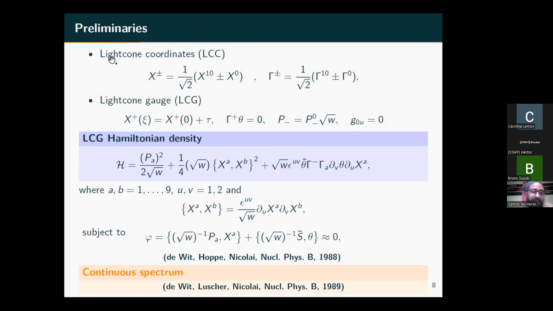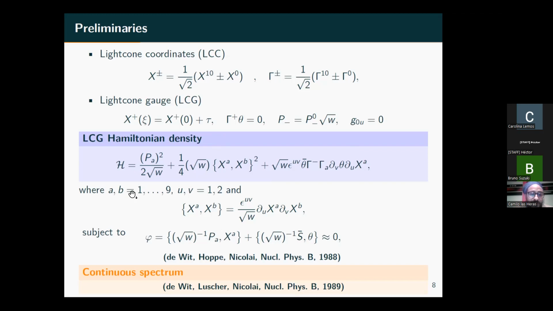So if I impose light cone coordinates and the light cone gauge on the previous action, and I perform what is called a Legendre transformation, it can be proved that I can reproduce what is called the light cone gauge Hamiltonian density of an M2 brane on a flat superspace, which is this expression that we have here. This is the kinetic term of the Hamiltonian, this is the bosonic potential, and this is the fermionic potential, okay?